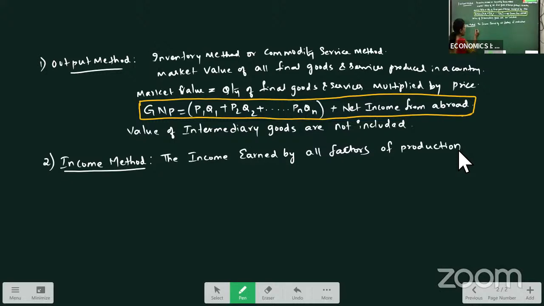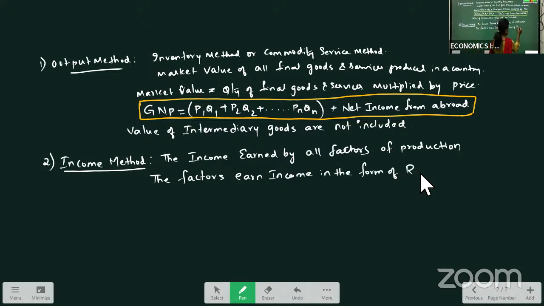So the factors earn income in the form of rent, wages, interest, and profit. So how the factors will earn the income? Rent, wages, interest, and profit.